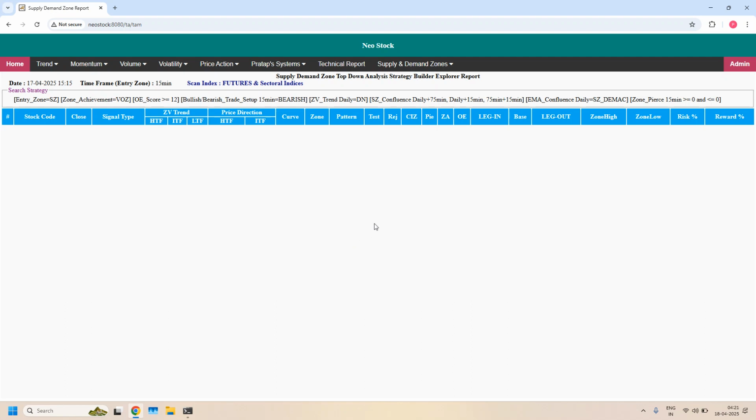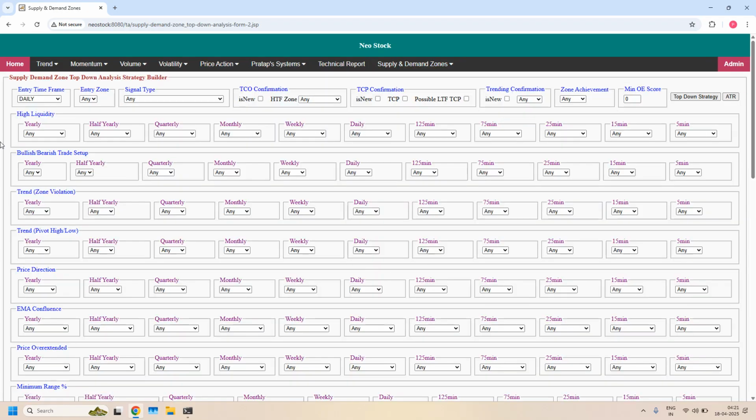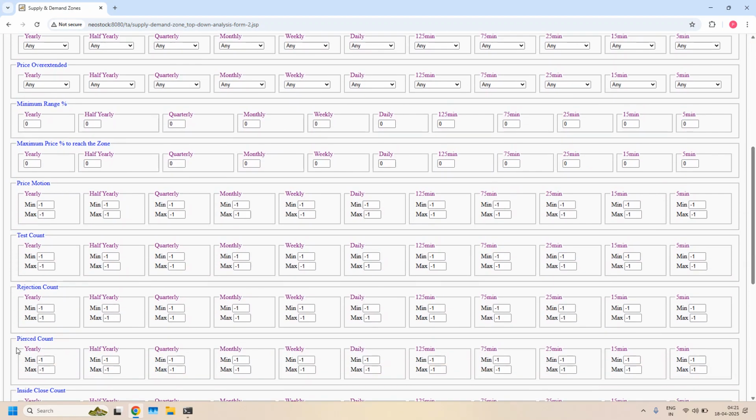Okay, next let us look into hourly income trade reports. Hourly income trade bullish trade setup, entry time frame 5 minutes, entry zone demand zone, bullish or bearish at 5 minutes time frame. I am selecting bullish and zone achievement VOZ, minimum odd enhancer score 12, and also 5 minutes demand zone should not be pierced.